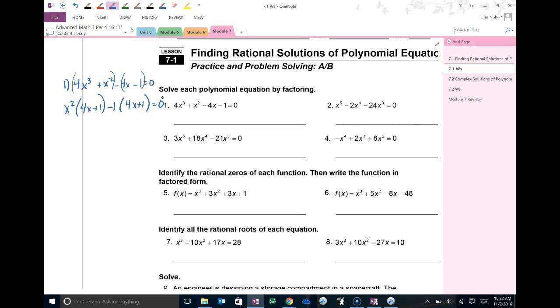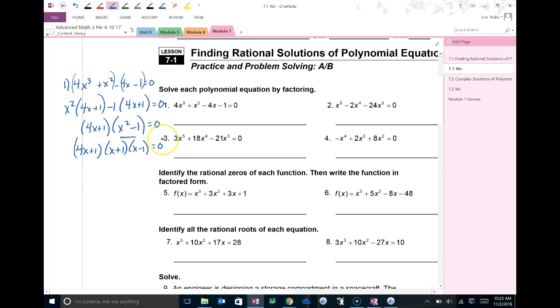Okay, so let's pretend that you did this. And now we can tell we did this right because the two quantities are the same, right? 4x plus 1 is one of our quantities that factor. What's the other one? X squared minus 1. Okay, and what do you notice about x squared minus 1? It's a difference of squares, so what does it factor into? Good, so x plus 1, x minus 1.